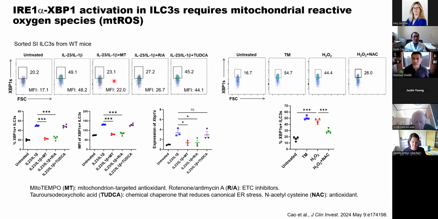Here you can see that the co-treatment with MitoTEMPO or rotenone and antimycin A is sufficient to downregulate XBP1 in ILC3s, both by flow cytometry and qPCR, suggesting that mitochondrial ROS is required for the activation of XBP1 in ILC3s. I also treated the cultured ILC3s with hydrogen peroxide to induce oxidative stress, which is sufficient to activate XBP1, and this activation is suppressed by NAC, which is an antioxidant.